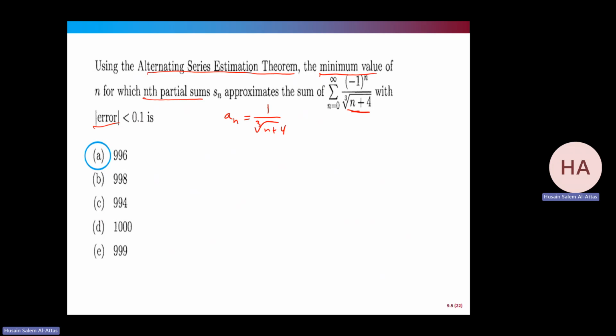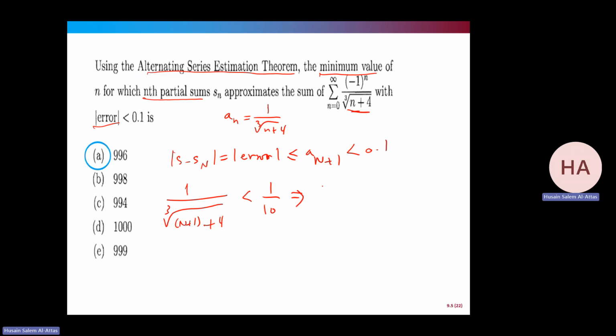I know the error, s minus Sn, is less than or equal to a(N+1), and I want it to be less than 0.1. So I have 1 over the cube root of (N+1) plus 4 to be less than 1 over 10.